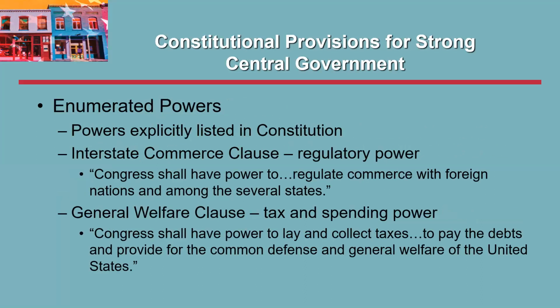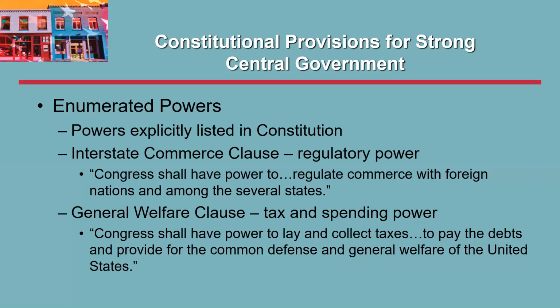The next major provision establishing federal government powers is Article 1, Section 8, which contains what are called the Enumerated Powers. These are the powers explicitly listed in the Constitution. Your text lists these in some detail, so I'm just going to highlight a couple that are particularly important. The first is the Interstate Commerce Clause, which reads, "Congress shall have power to regulate commerce with foreign nations and among the several states."